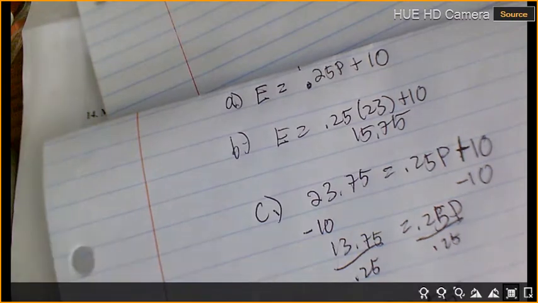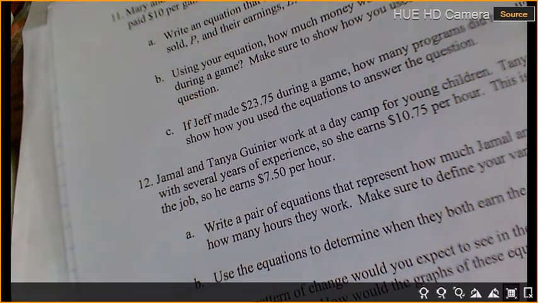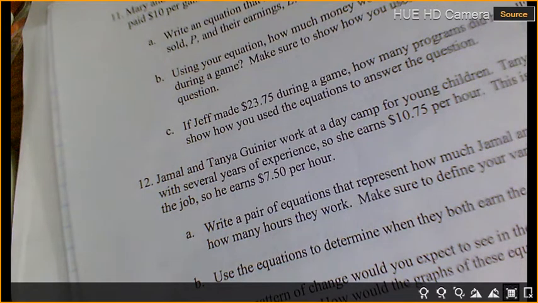All right, we're going to go to number 12. So many story problems here. Jamel and Tanya work at a day camp for young children. Tanya is a coordinator with several years of experience, so she earns $10.75 per hour.